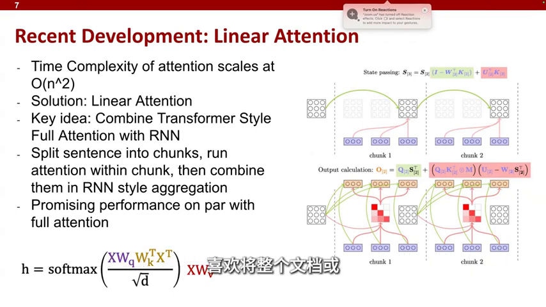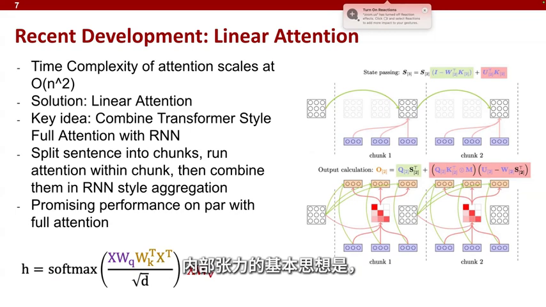If you feed in a whole document, or maybe a whole Wikipedia article, into the model, the compute required is pretty large. And that's why there's a recent trend of using linear attention.